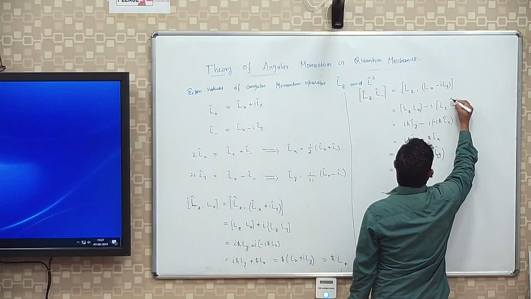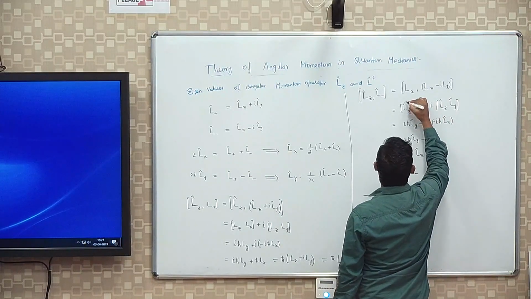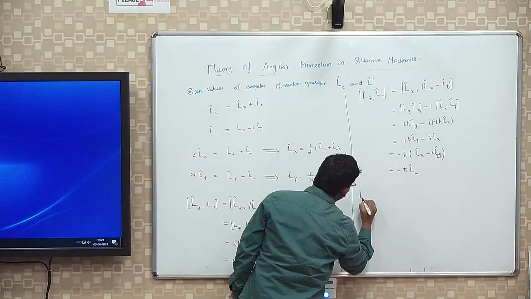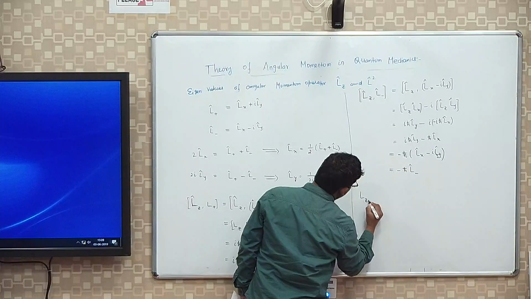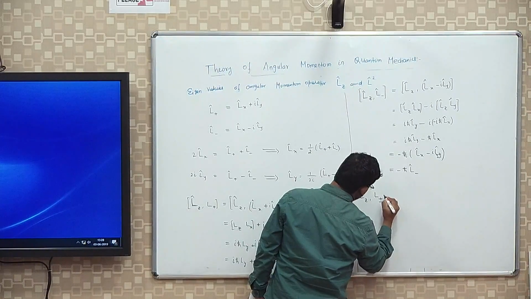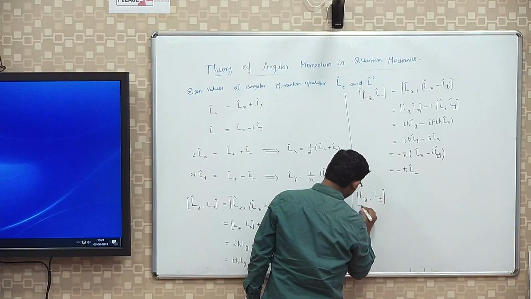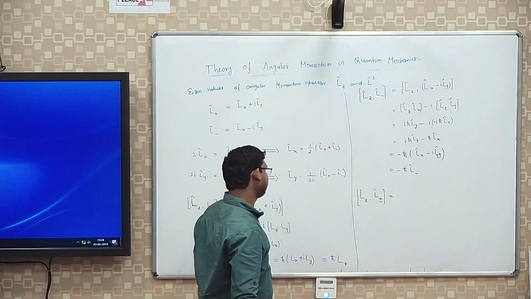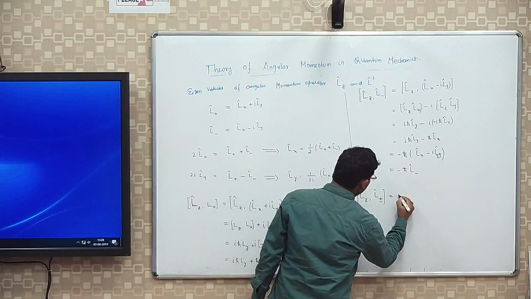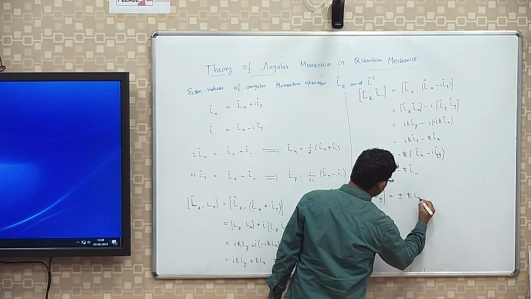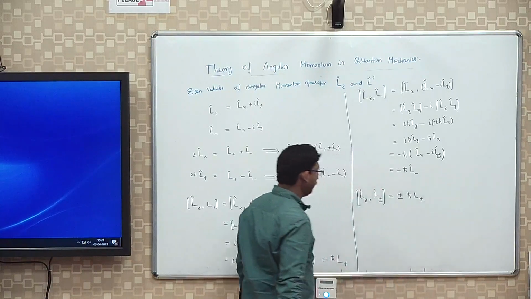By combining we can write the commutator of Lz with L plus minus is nothing but plus minus h cross L plus minus.